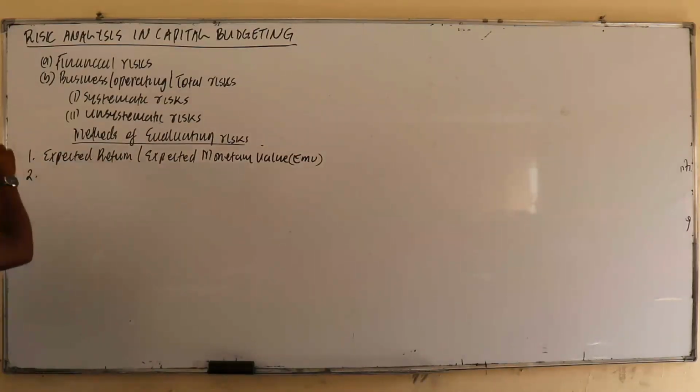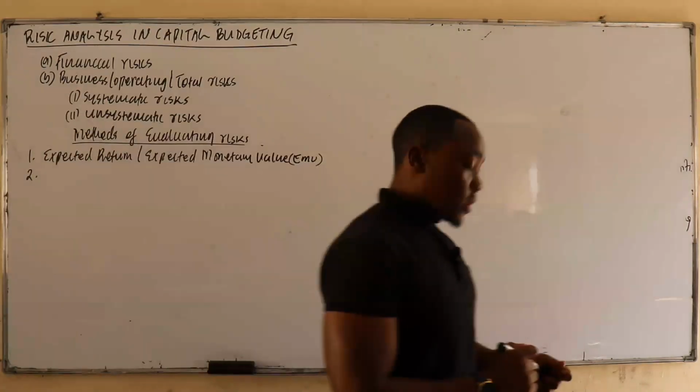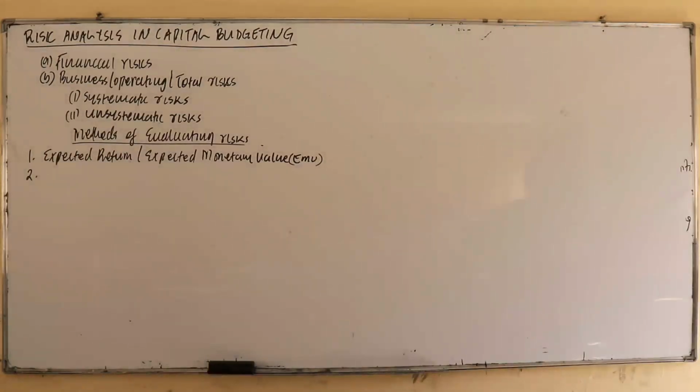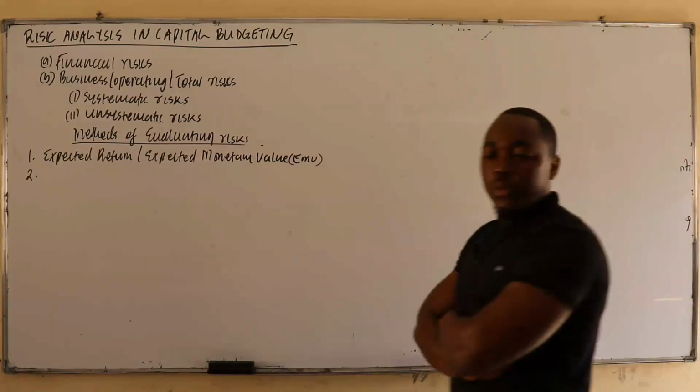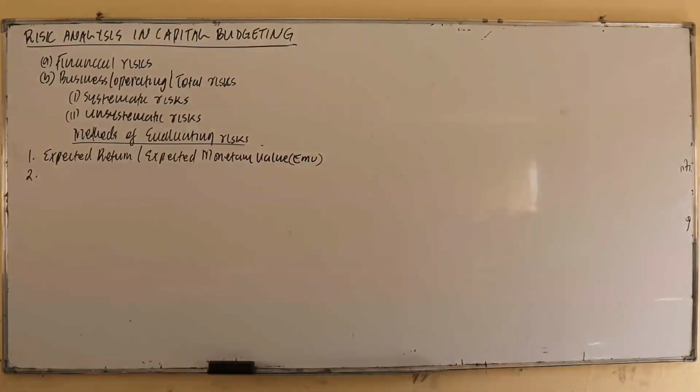Number two, standard deviation. Number three, coefficient of variation.